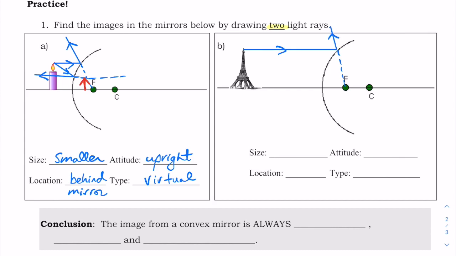All right, that's one. As for the second one, I'll draw the ray of light that passes through the focal point once again, something like this. All right, that one reflects and comes out parallel.